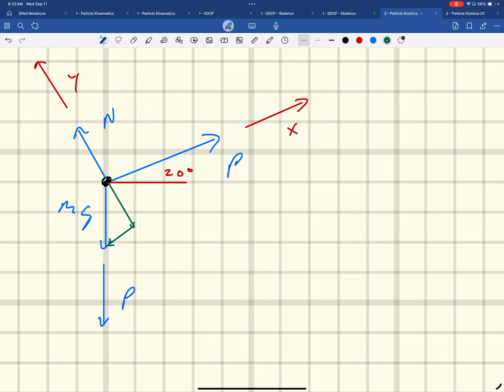If you put your axes straight up and down, this part is easier, because mass times gravity is in the Y direction and P is acting in the Y direction. But you can always get to the same answer as long as you're careful. Here I have to break mg into two components, and then break P into two components as well, one that lines up with the Y direction and one that lines up with the X direction.